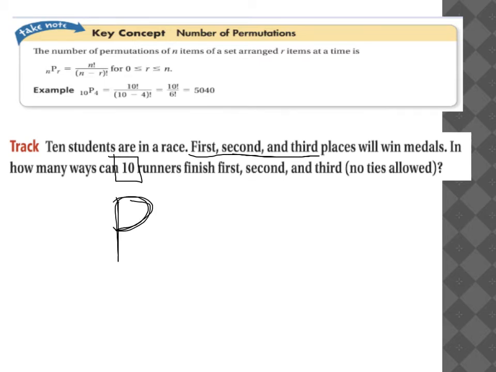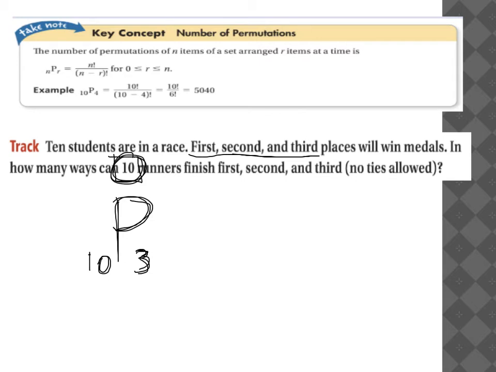The first number is the total number of options we have. So we have 10 runners, so that's how many options we have to pick from. And the second number is how many places you are actually picking. So I have first, second, and third, and there are no ties. So I have 10 choose 3.